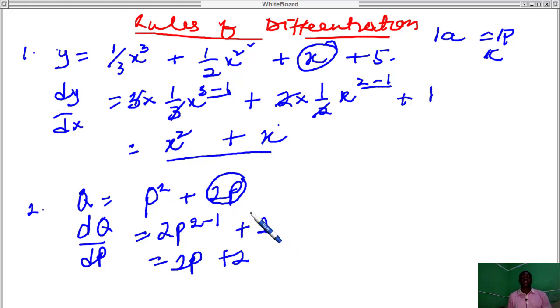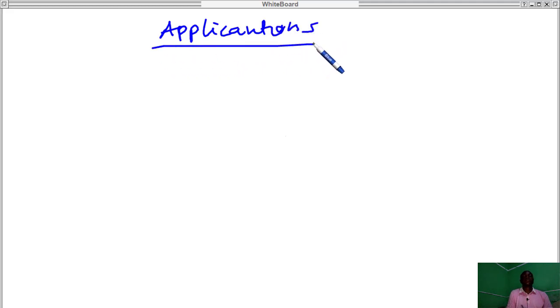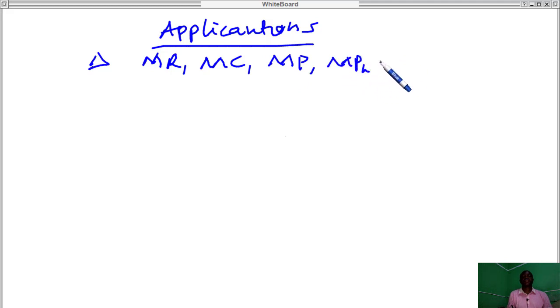So let's now start and apply these differentiations. So we are looking at applications of differentiation. Differentiation always refers to change. Because it's change, in business we can apply it to marginal revenue, marginal cost, marginal profit, marginal product of labor and capital.